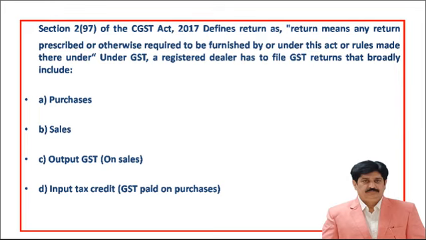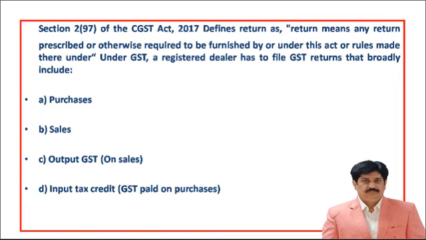Now, let us understand what are the things specifically included in GST returns. Section 2, subsection 97 of the CGST Act 2017 defines a return. So, according to the CGST Act 2017, the definition of the return is as follows.